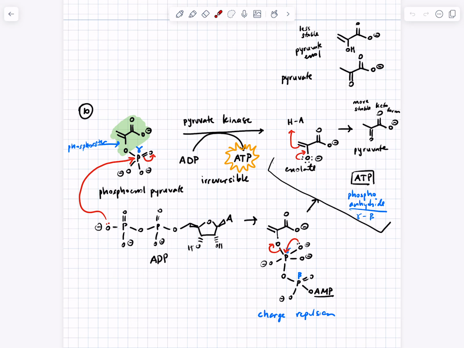So we're going to learn about that as well. And that process happens in a couple of phases. The first involves conversion of pyruvate to acetyl-CoA. And then the second is the citric acid cycle, or the Krebs cycle, where we convert acetyl-CoA into CO2, and along the way make a lot of NADH and FADH2.